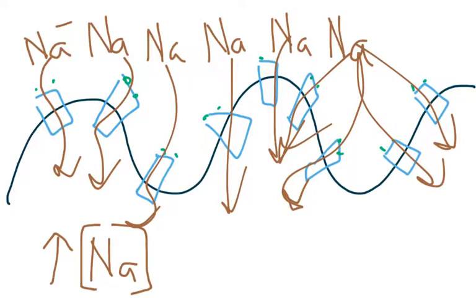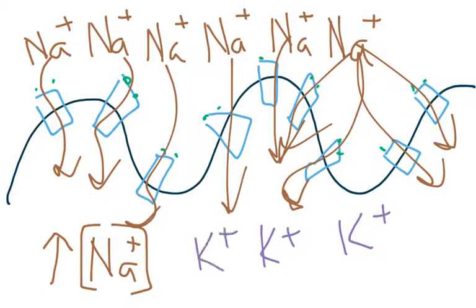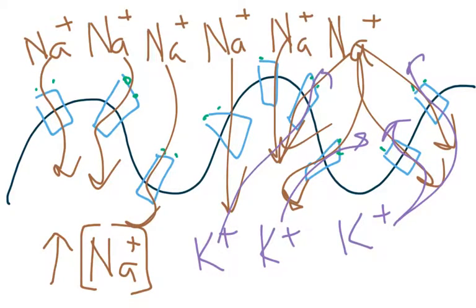Because sodium is positively charged, that changes the charge now across the cell membrane. Now it's really only a brief change because potassium is higher inside the cell, and right after the sodium rushes in, the potassium rushes back out and changes the charge difference back again because it has that positive charge.